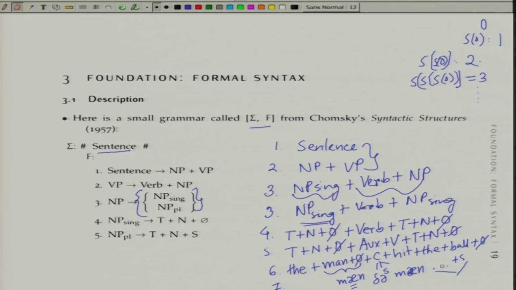So the word is this: hit plus S becomes hits. Now this is not really the word, but the physical manifestation of the word hits, and then the ball remains the ball, and this is nothing.